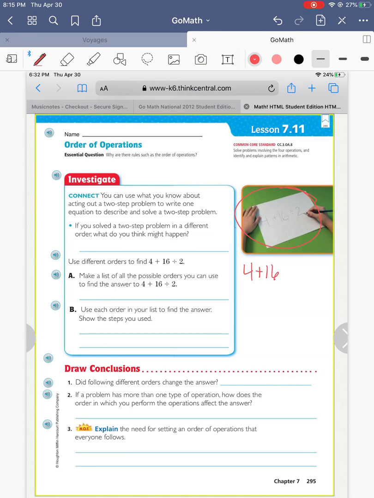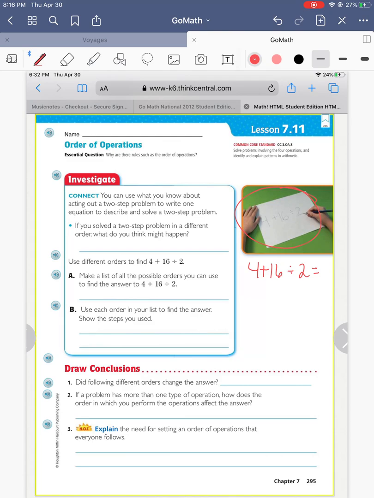So instead of doing 4 plus 16 equals blank, and then blank divided by 2 equals, and then giving an answer, instead of writing two different sentences, we can put them together into one sentence. So they do 4 plus 16 divided by 2 equals, and then we find the answer.